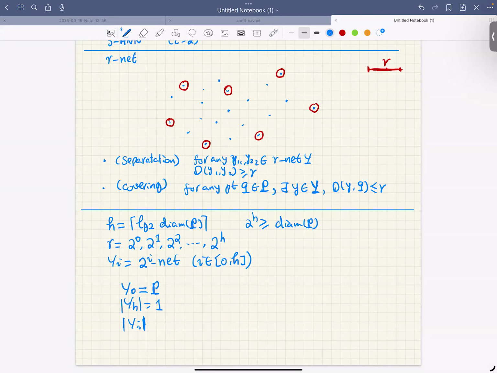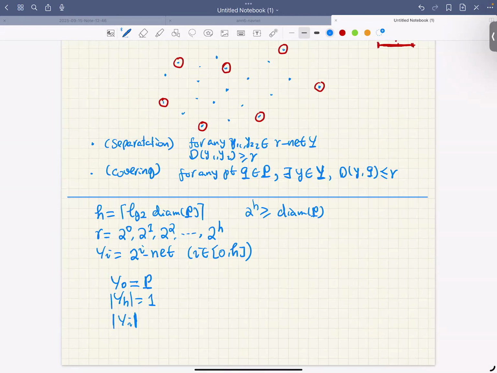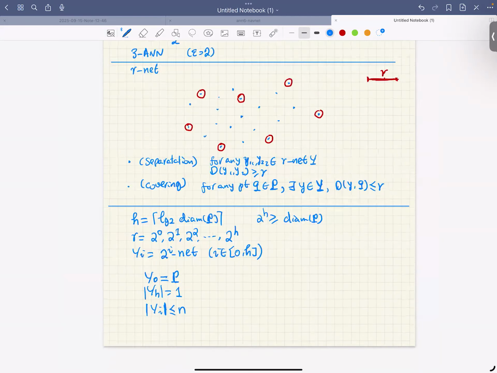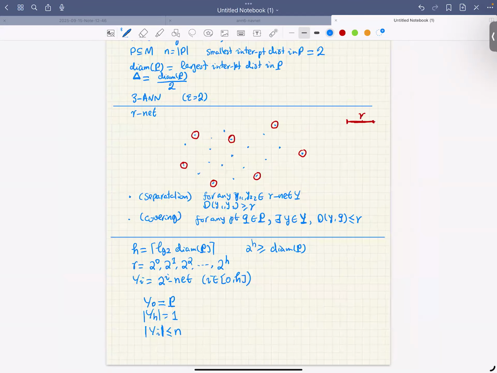So that's something nice about these nets. However, in theory, we have to be very conservative. The only thing we can say is that its size is always bounded by n, because obviously even in the worst case, what you can do is to choose all the points. You cannot do worse than that.